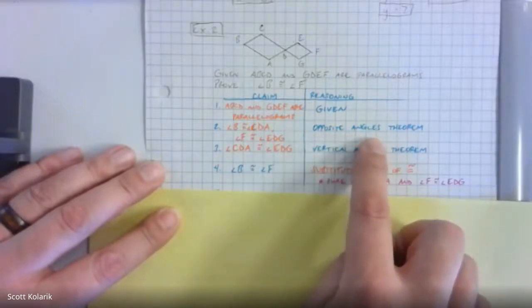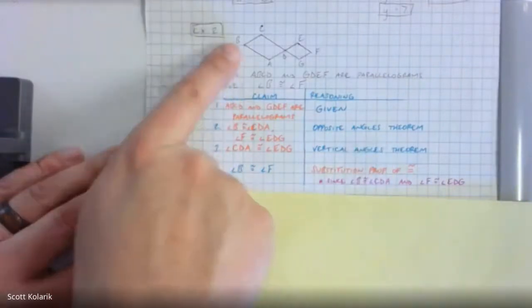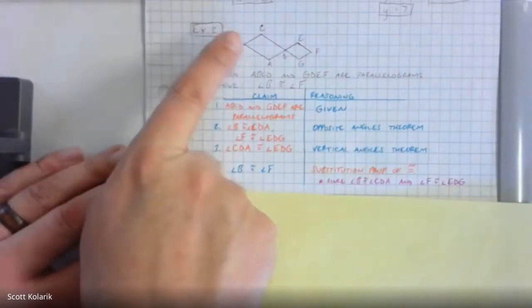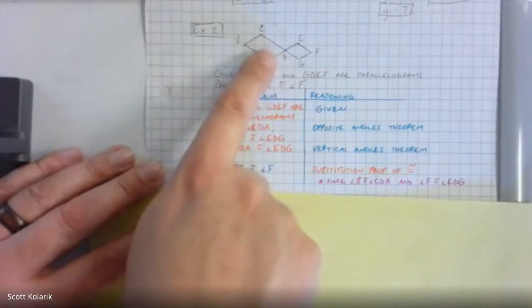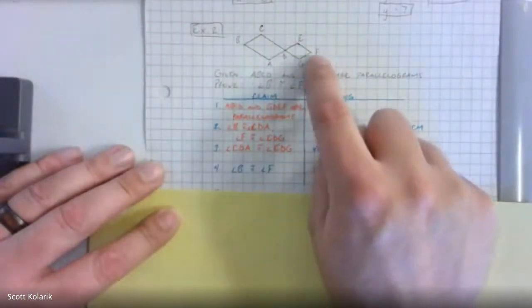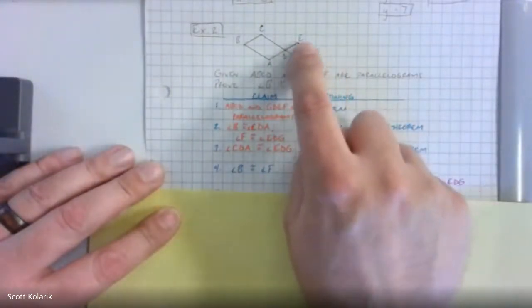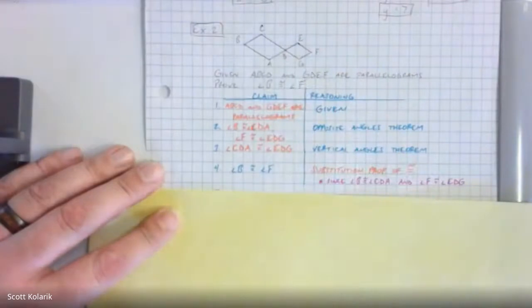It tells me that in a given parallelogram, angles that are opposite each other inside of that parallelogram are congruent to one another. And so that's where I can connect the dots, just like we did on the whiteboard, where I can say, all right, angle B has to be congruent to angle CDA on the left parallelogram, and on the right parallelogram, angle F has to be congruent to angle EDG. That's the opposite angles theorem.